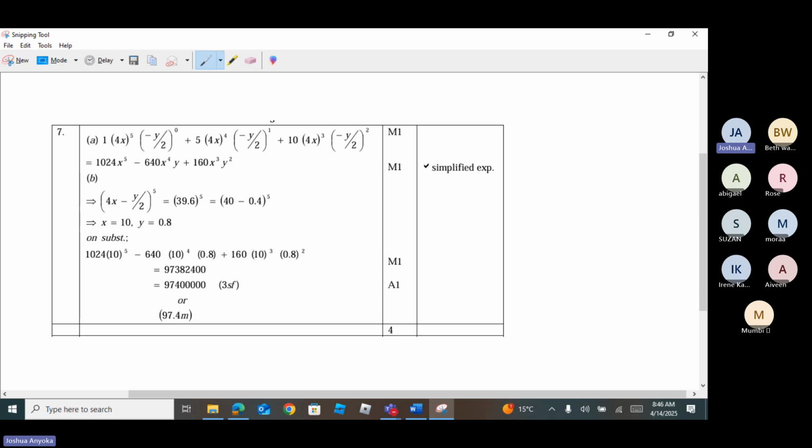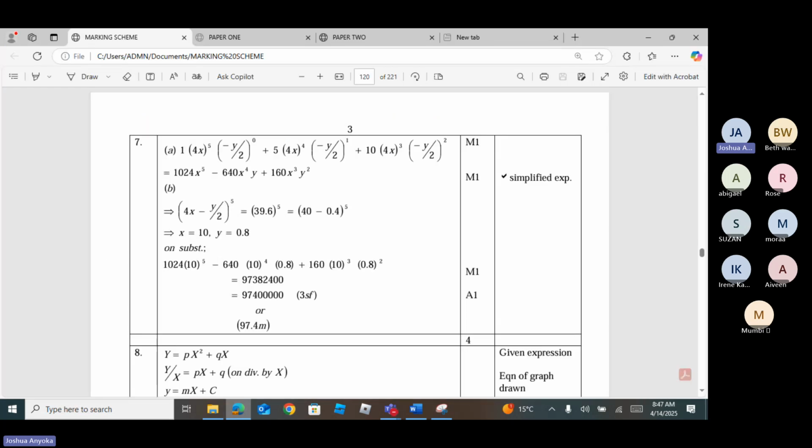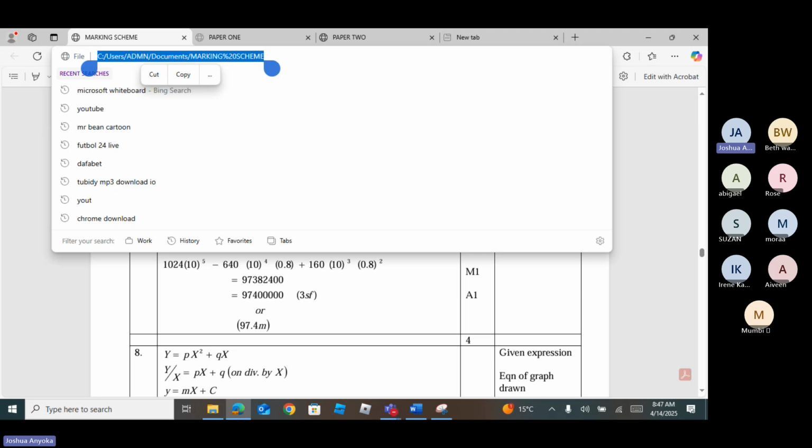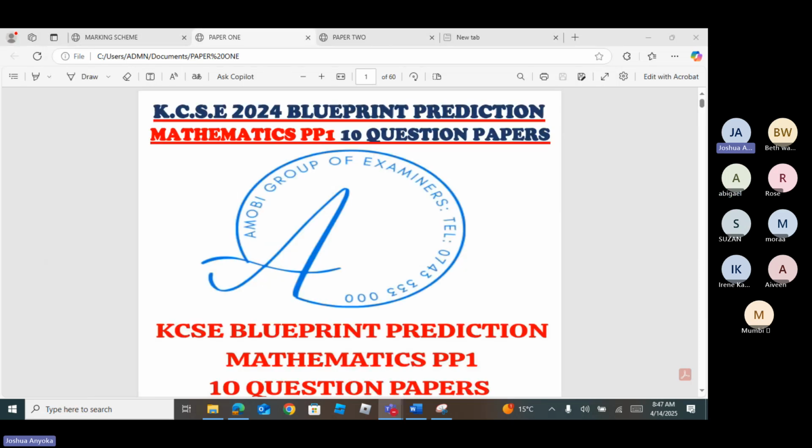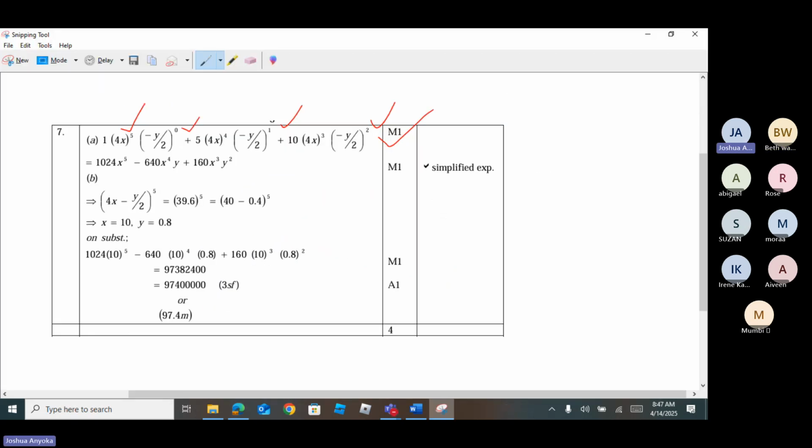So the first line is expansion without coefficients. That will normally give you 1 mark, where the first term has the highest power, and in the second term the power keeps on decreasing down to 0. In our case, though we were not instructed how to leave your answer, sometimes you are told to use the first 2 terms.